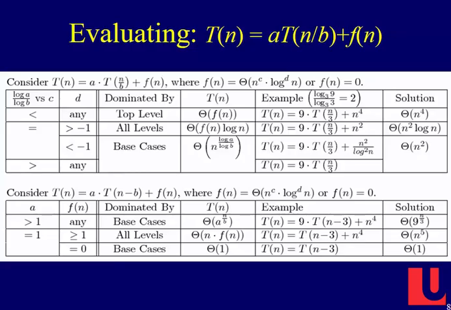So the number of friends is growing exponentially, but in this case, it doesn't matter so much because the depth is only logarithmic, right? If you grow exponentially for a logarithmic depth, then what you're going to get is n to some power, right? You're going to get a polynomial, right?